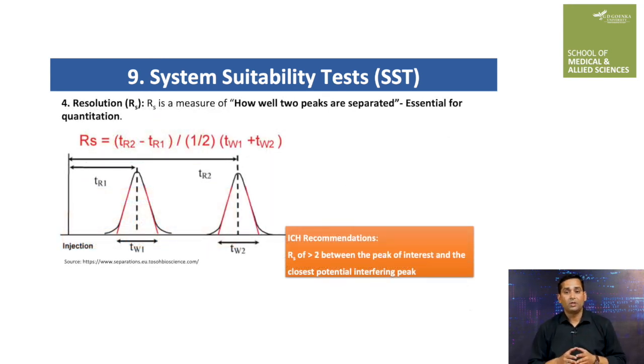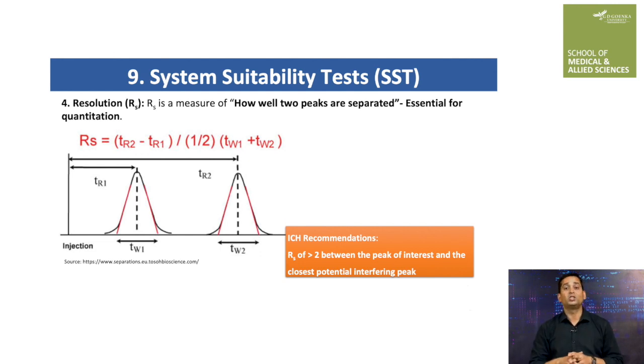Another system suitability test for HPLC is resolution of the peaks. It is a measure of how well two peaks are separated. Well separated peaks are very essential to calculate correct area under the curve by integration.